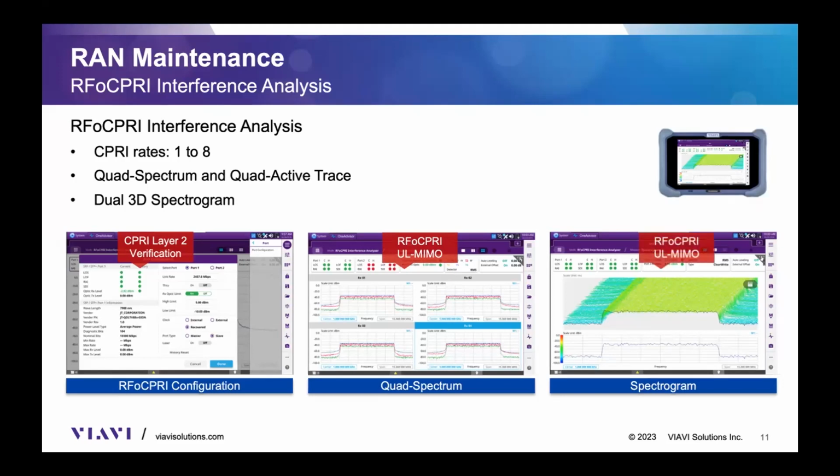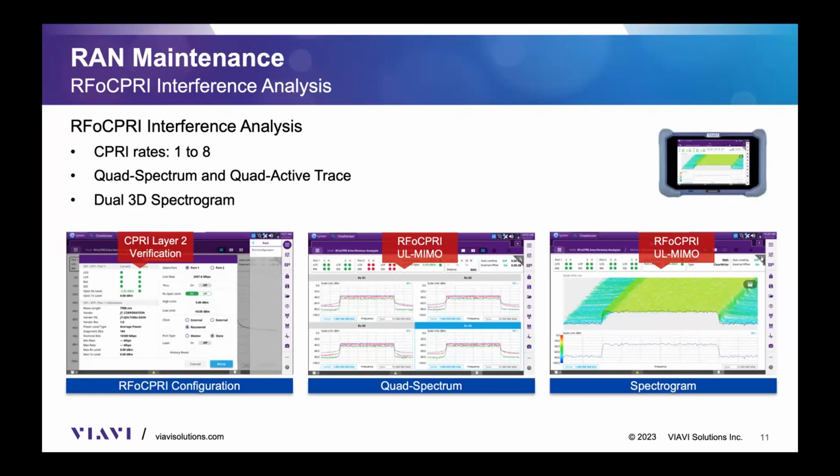Then on the right-hand side, I have the same one, but zoomed in on one specific branch, and as you can see, we don't have PIM. Now, that is being done with a spectrogram, and that is helpful because, as I mentioned before, we're looking all the time at the uplink.